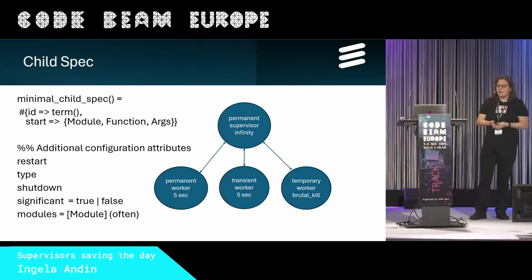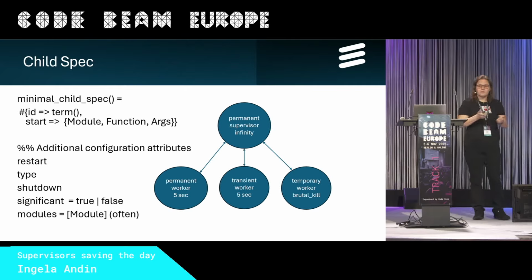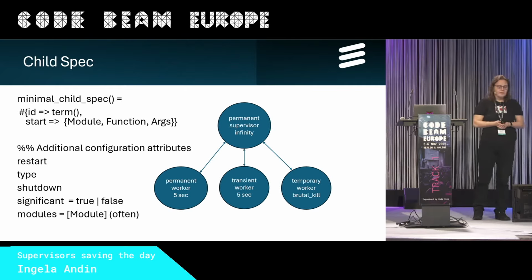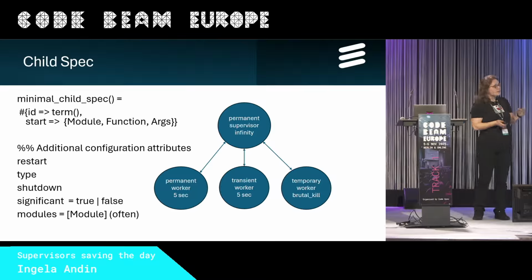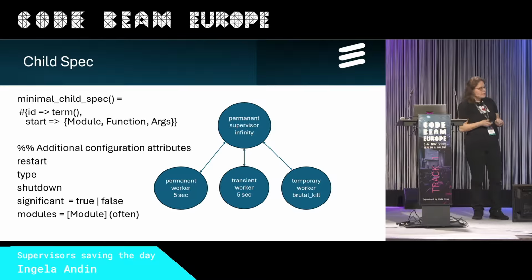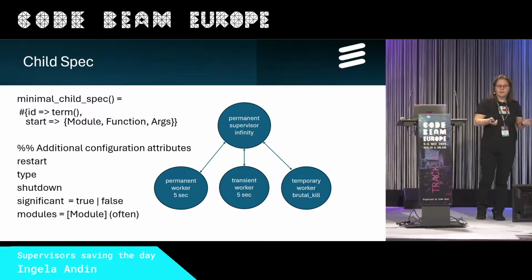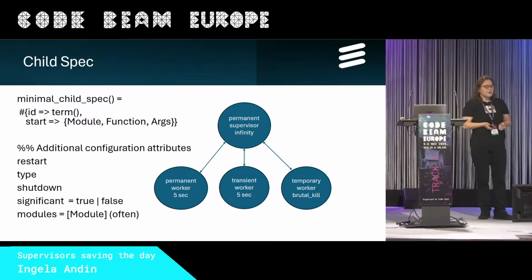And we can also have temporary processes that shouldn't be restarted at all. And we can also give our child processes a timeout, so that when we say it's time for you to stop, they can have some time to stop gracefully before we brutally kill them.